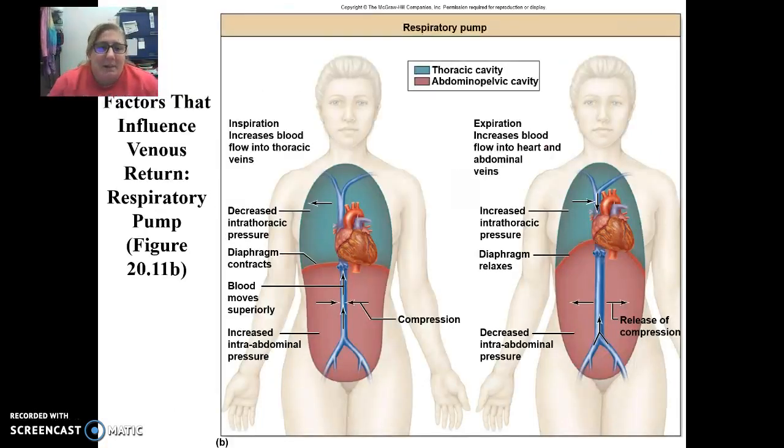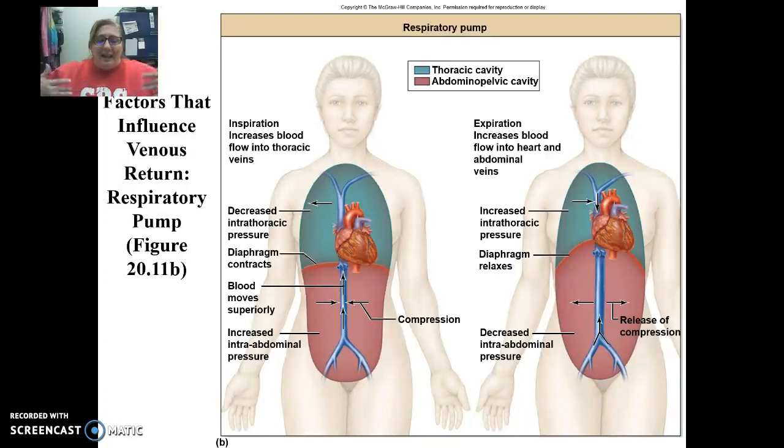The respiratory pump is very similar. When we breathe, the diaphragm moves down first. So it contracts, which allows the thoracic cavity to get larger in size, and then our lungs can expand, and that's when we breathe in.